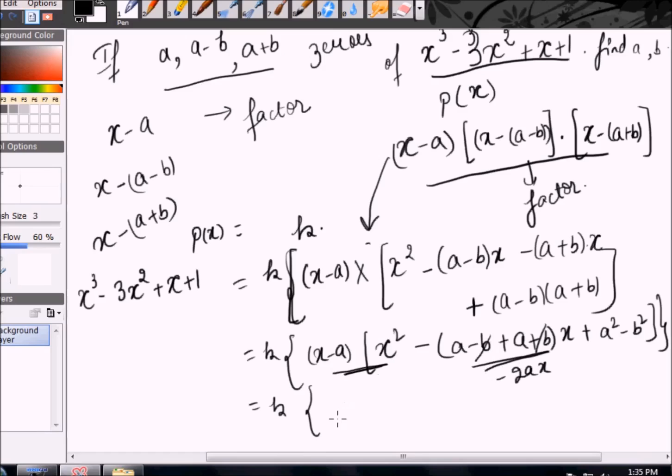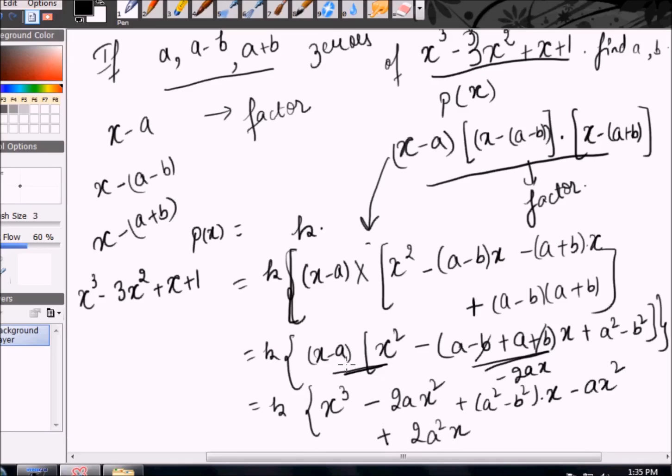Thus, decomposing these two terms, we get x cube minus 2ax square plus (a square minus b square) into x. Multiplying this minus a with this term, we get minus ax square plus 2a square x.